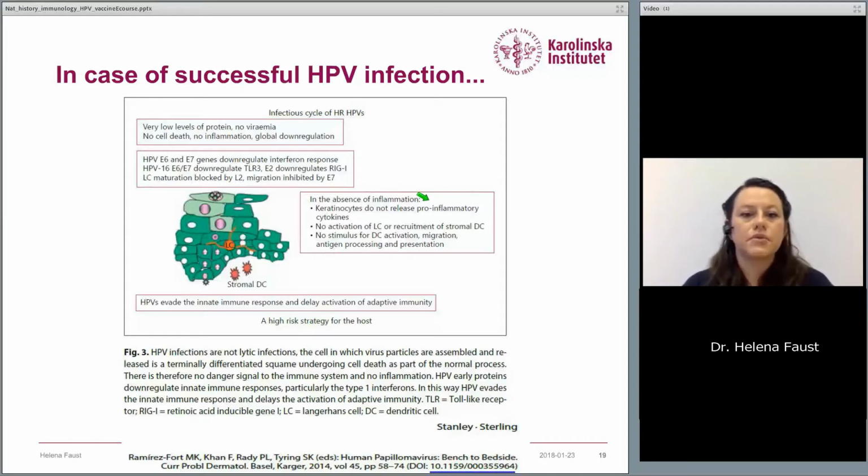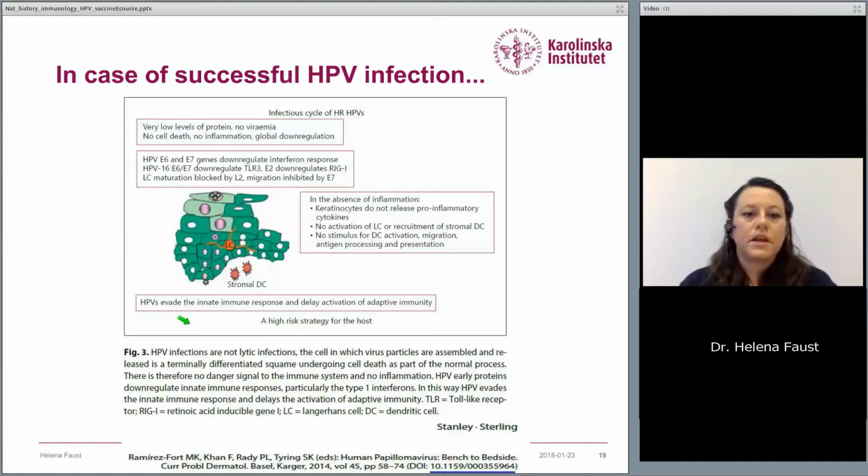As there is no inflammation, keratinocytes do not release pro-inflammatory cytokines. There is no activation of Langerhans cells and dendritic cells. There is no stimulation for dendritic cells to activate, migrate to lymph nodes, process antigen and present it.